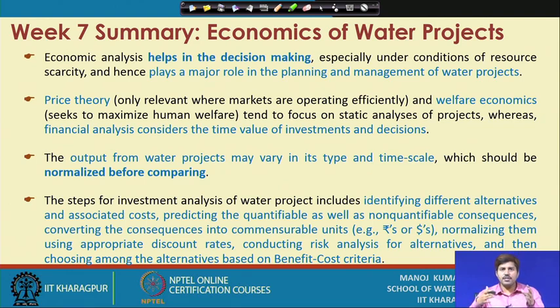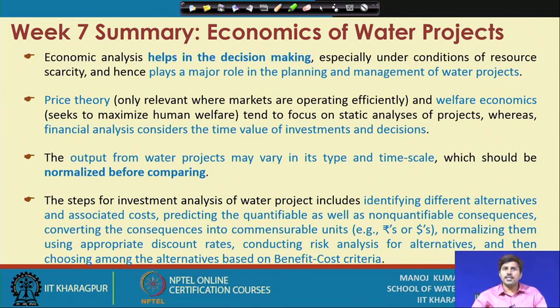The steps for investment analysis of these projects include identifying different alternatives and associated cost. So, that first needs to be identified: what are the different alternatives and what will be the related cost to those alternatives or those projects.